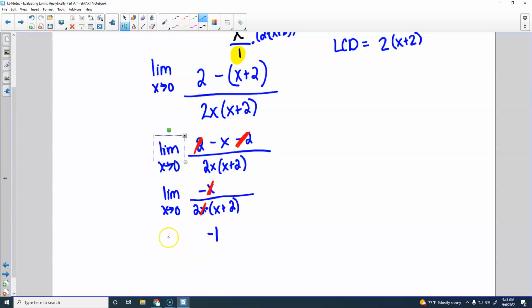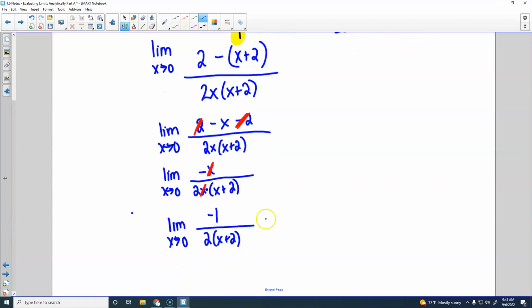A negative 1. So I got limit as x approaches 0 of negative 1 over 2 times x plus 2. And so once a term with an x in it cancels, you can probably do direct substitution. So that would be negative 1 over 2 times 0 plus 2, which is going to be negative 1 over 2 times 2, which will give us negative 1/4 as our answer.